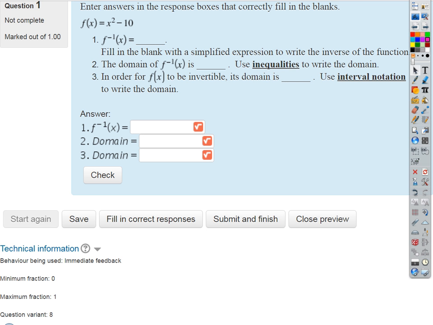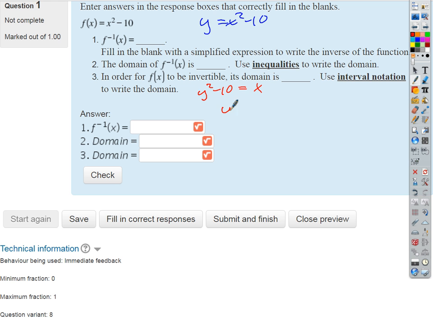So we would start off by saying y equals x squared minus 10. Now we're going to switch the x and the y, and change sides of the equation too, so we get y squared minus 10 equals x. What are the two steps in order to get the y by itself? Add 10 on both sides, then square root.